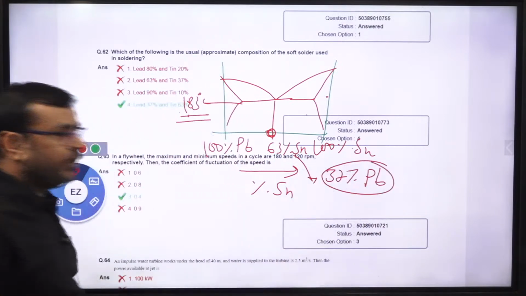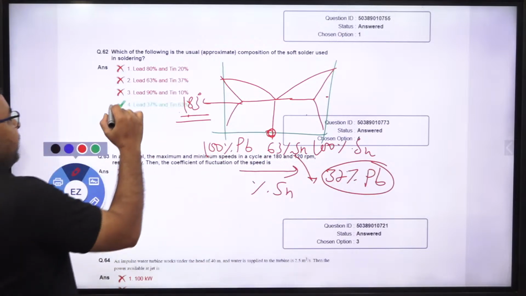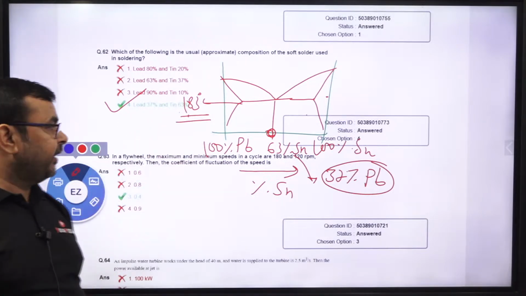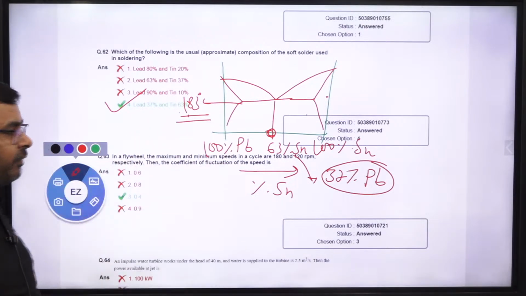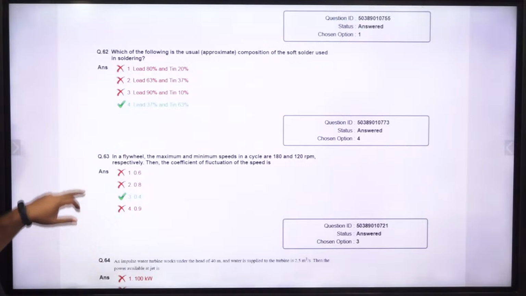A composition with 63% tin and 37% lead is called solder. And this is the eutectic phase diagram for lead and tin. I already discussed this diagram in my materials engineering class, correct? So what about this?